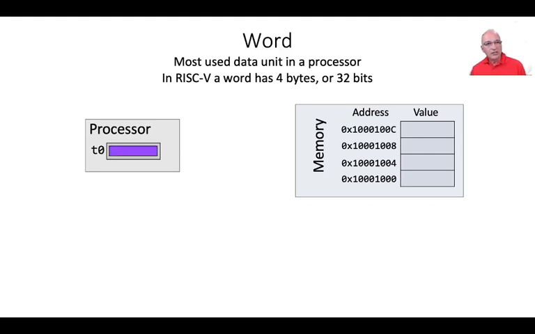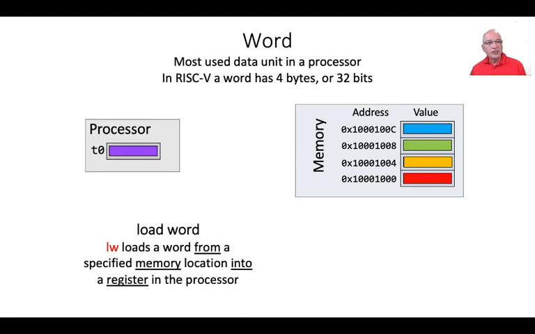So let's look at this example where I'm going to use different colors in this slide to represent the different values that are stored in each one of the memory positions and in the processor. So first, let's consider the problem of bringing a value from memory and putting it into the register T0 in the processor. The instruction that we're going to use to do that is called the load word instruction.